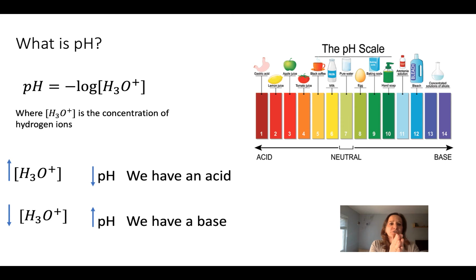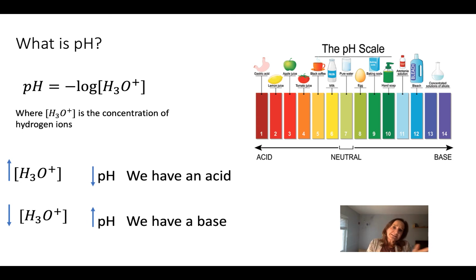If a solution has a pH less than water, then we call it an acid. If it has a pH greater than water, we call it a base. The pH of water is 7, so pure water has a hydrogen ion concentration of 1 times 10 to the negative 7.